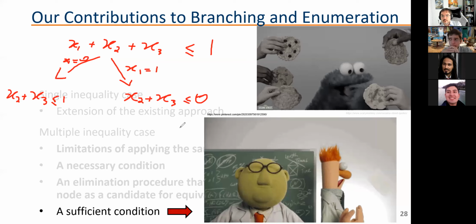I just wanted to see whether you checked, is this method applicable for these problems or not?